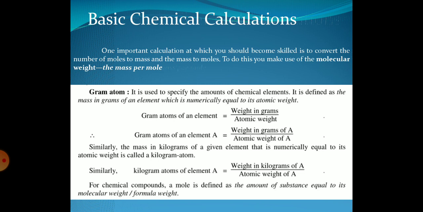So, numerically 23 grams of Na is equal to 1 gram atom of Na, and 23 kilograms of Na is equal to 1 kilogram atom of Na. For a chemical compound, a mole is defined as the amount of substance equal to its molecular weight or formula weight.